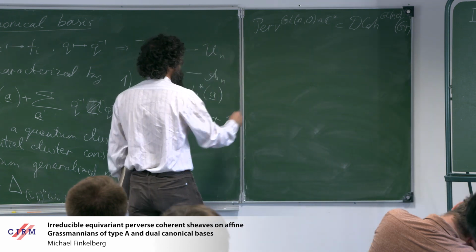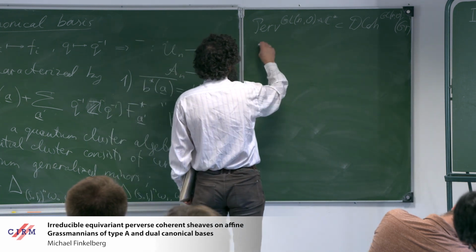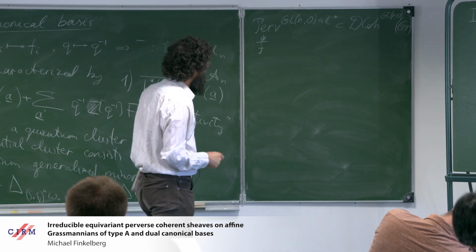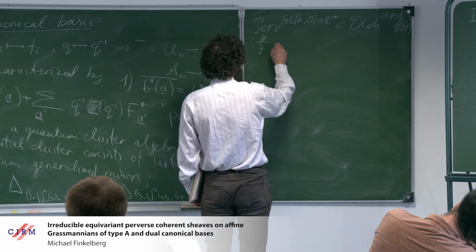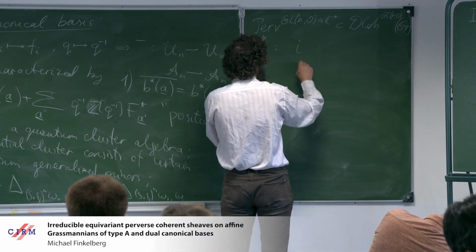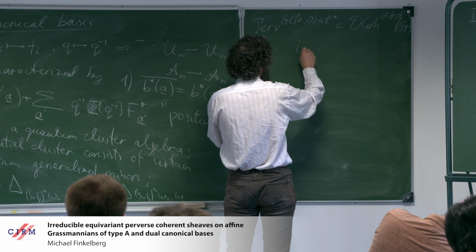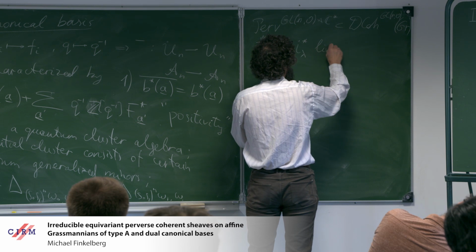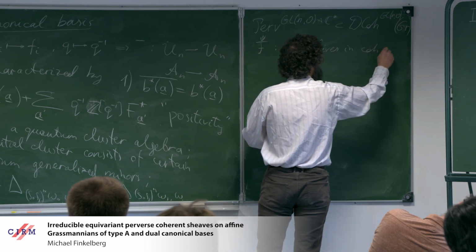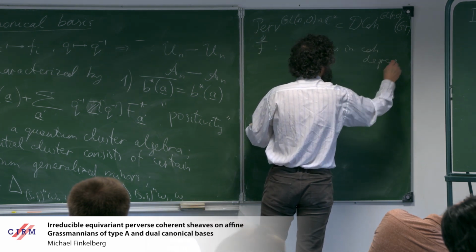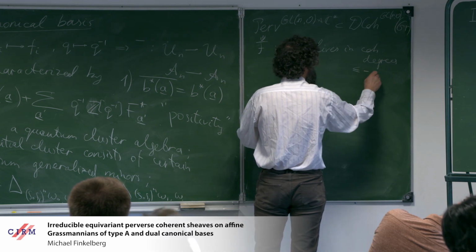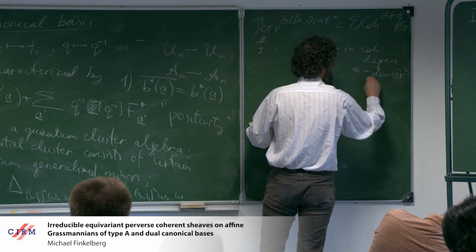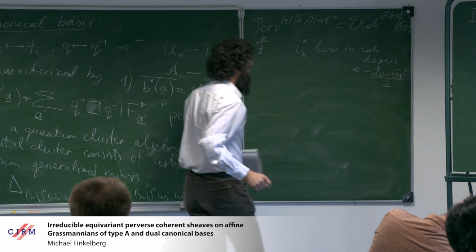Okay, and it is characterized by two conditions. So a complex of coherent sheaves lies here if its restriction to some Schubert variety lives in cohomological degrees less than or equal to negative dimension of this variety over 2.